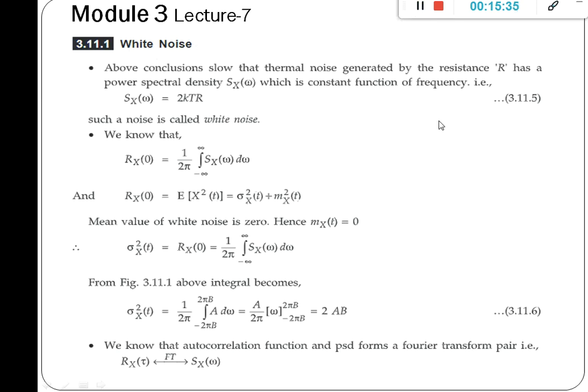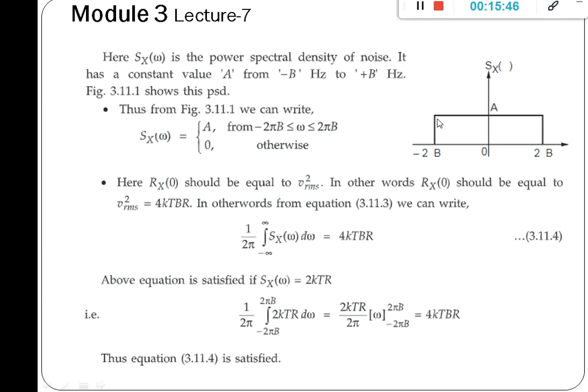White noise is one which has its power spectral density constant. In the case of this noise also, the power spectral density remains constant, so this can be referred to as white noise.